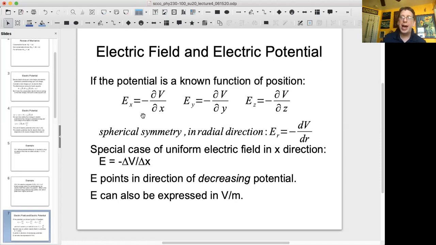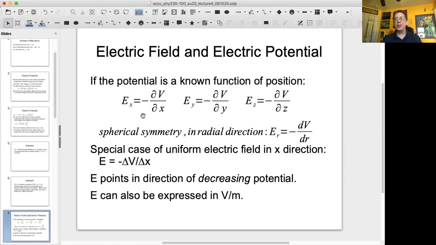If you're not looking at standard x, y, z coordinates, but instead you've got something with spherical symmetry, and you're talking about a point charge or some sort of spherically symmetric charge distribution, then the component of the electric field in the radial direction, which means either radially into the center of the sphere or radially out from the center of the sphere, is equal to negative dV over dr. And again, we're assuming spherical symmetry, so there's no angular dependence.